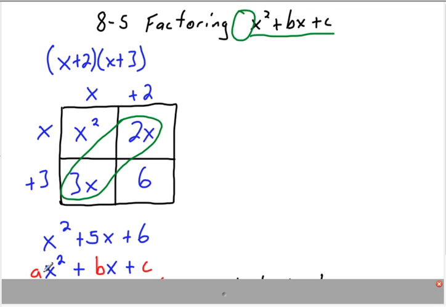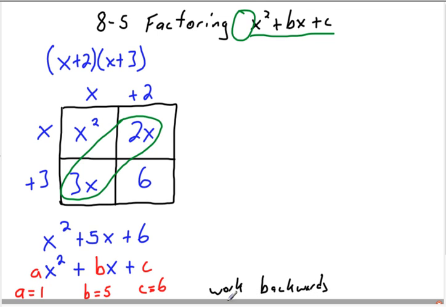It's always going to be 1 for this section, so we're not going to worry about that now. So in this example, the a is 1, as I said. The b is 5, right? You can see it right here. It's the coefficient of the x term. And the constant, the c, is the 6.